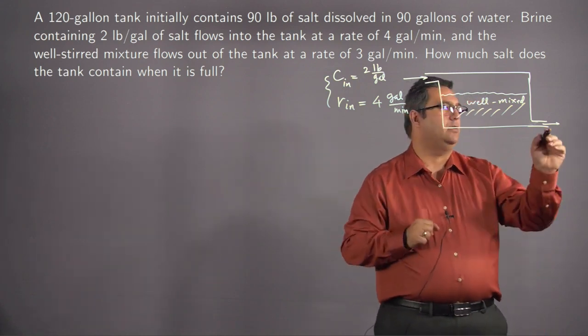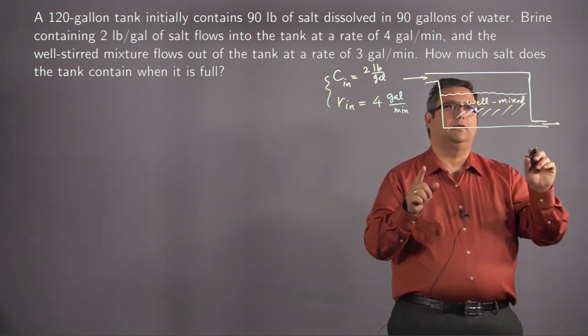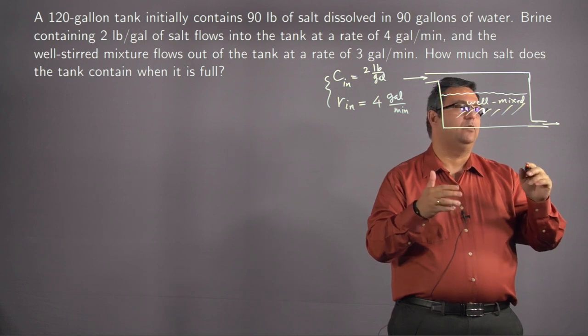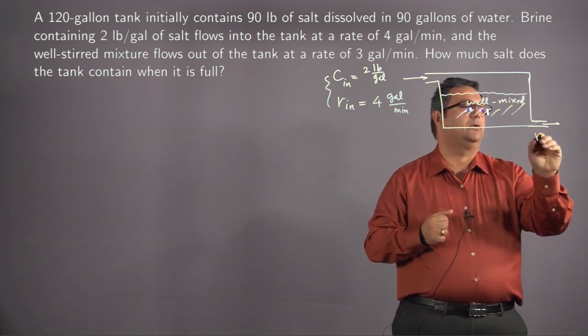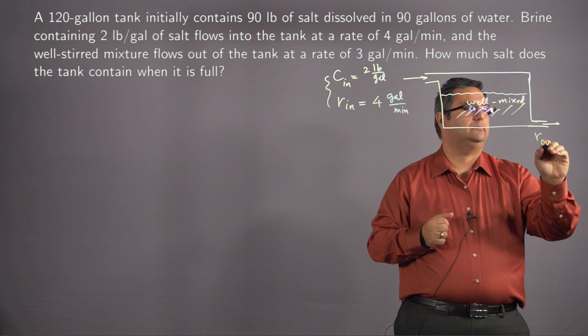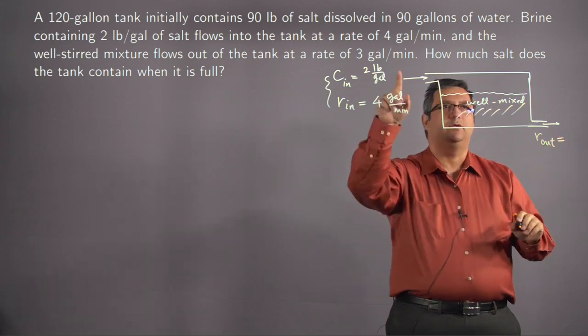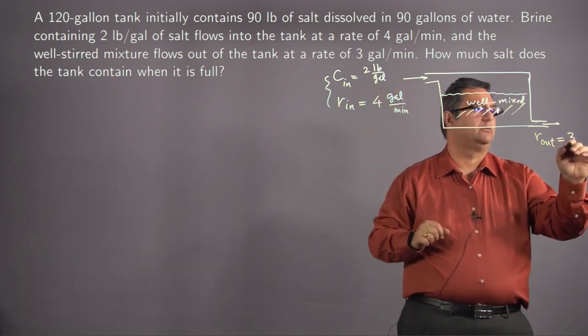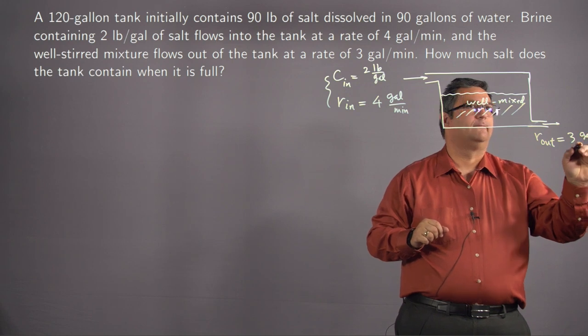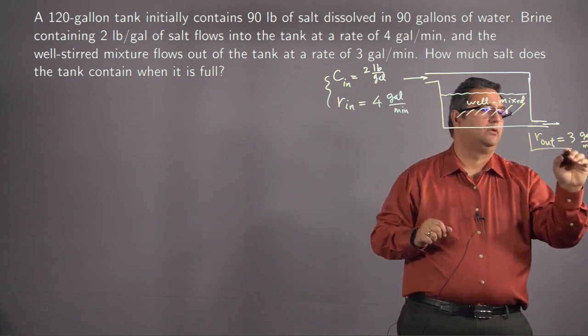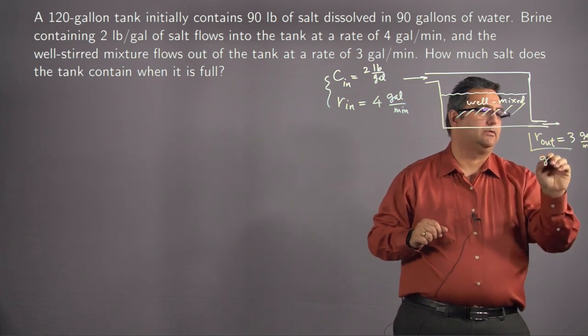Also, another thing here is the rate of flowing out is given to be 3 gallons per minute. So R out is 3 gallons per minute.